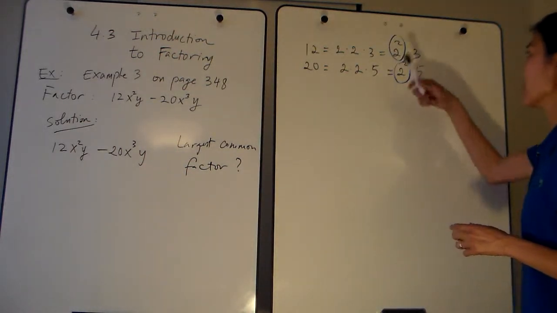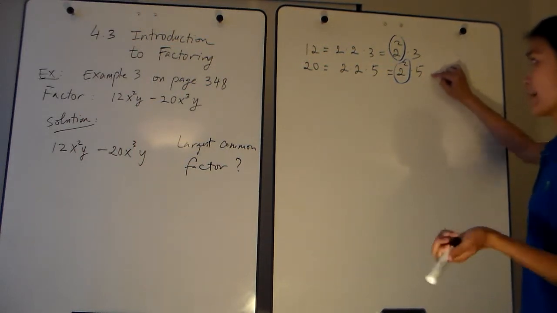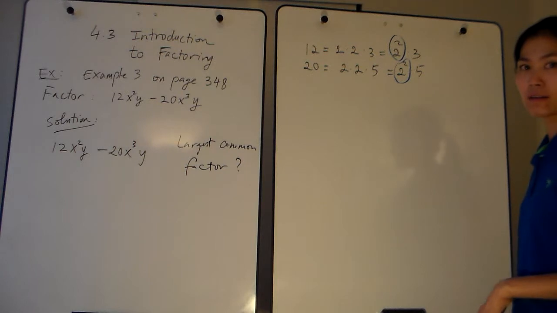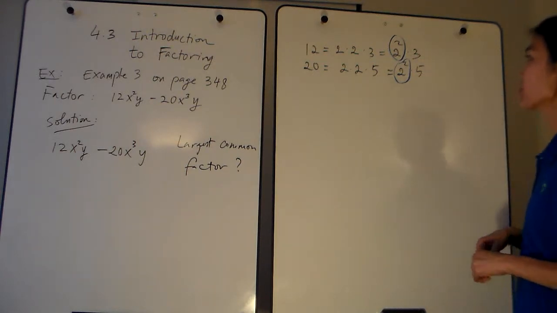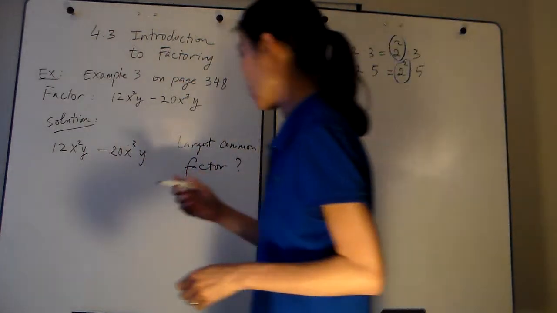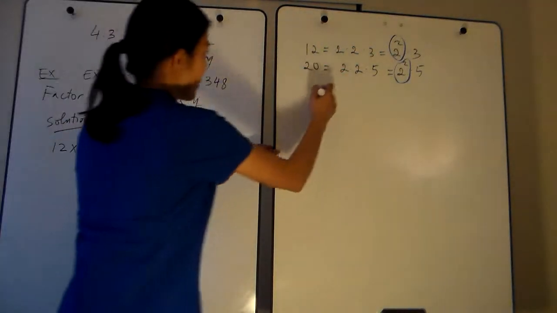You cannot use 3, because 20 does not have 3, and same thing, 12 does not have 5. That's why they're not common. The only thing that is common is 2 squared in both 12 and 20. So I'm going to factor out 2 squared.